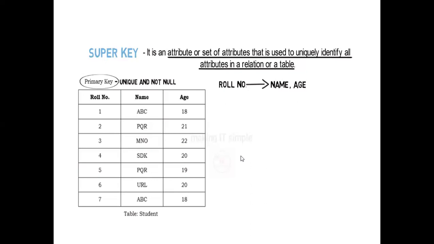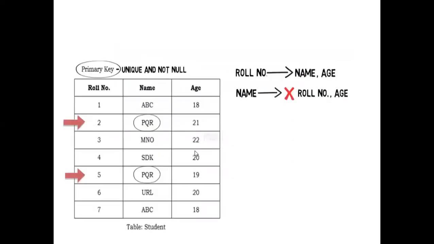But is there only a single key in a table, as is the case for the primary key? No, there may be multiple super keys in a relation. Now, let's find the other possible super keys. Can the name uniquely identify all the attributes? The names of two students may be the same.